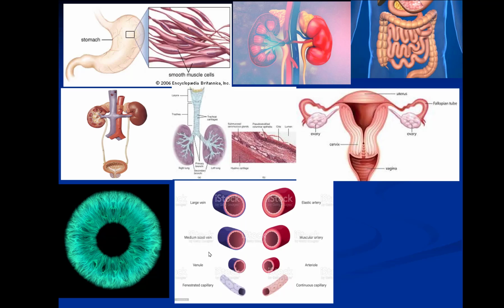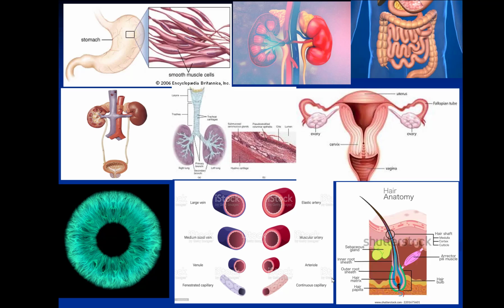It is also found in the blood vessels, and its contraction and relaxation fluctuate the blood pressure. Smooth muscles are also found in the skin, attached to the sweat gland, and when this muscle contracts, it causes erection of the hair.